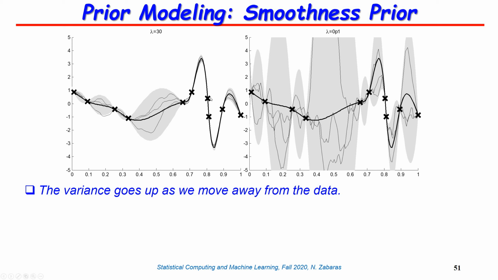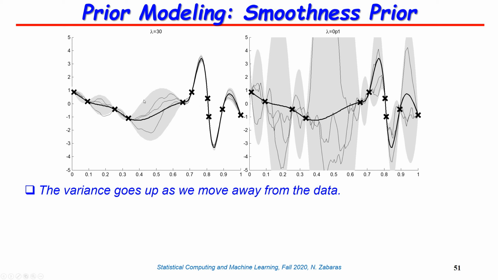What are these crosses? These are the noise-free data that I provide. I want to assume that this black curve is actually the conditional mean or the posterior mean that the model predicts.